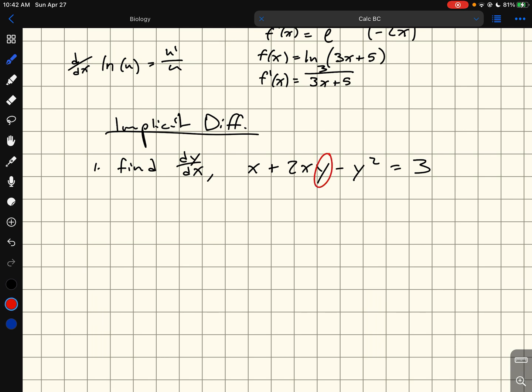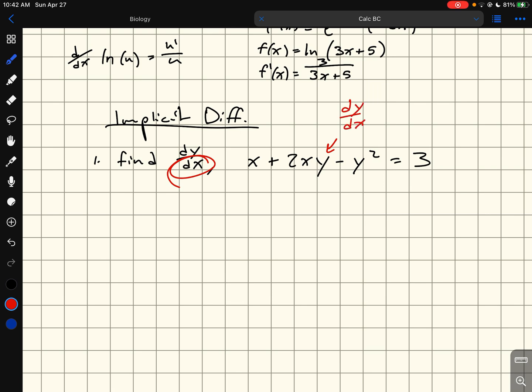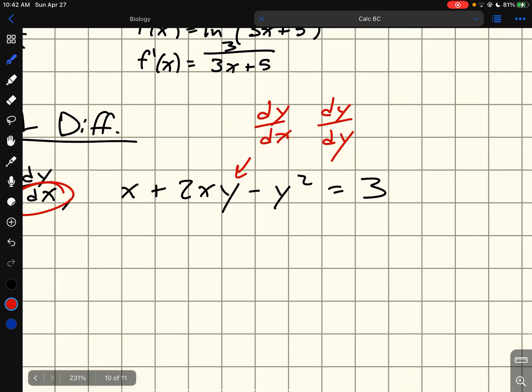So you see how the y's are integrated into our function? We're going to take the derivative of this entire thing, and everything is with respect to x. So when you take the derivative of y, it's going to become dy dx. Because if you just make it disappear like you normally would, that means it was a dy dy derivative.